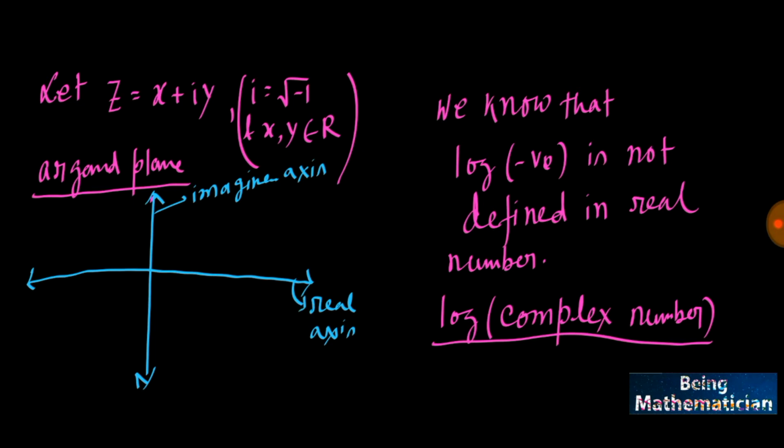Now this point z can be plotted as here (x, y). So this is the imaginary part, y, and this is the real part, x.